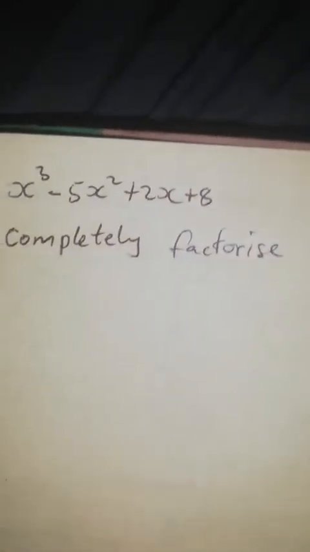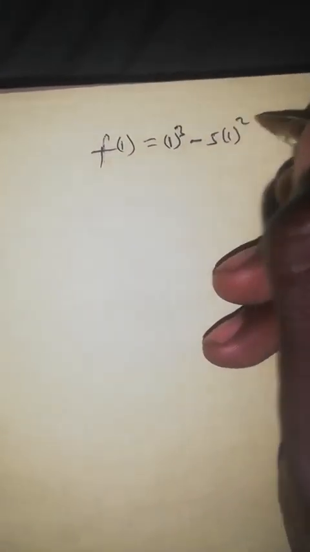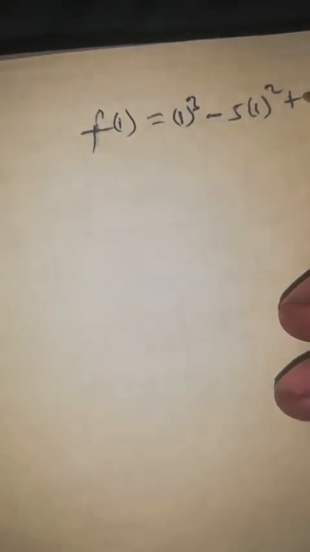x with 1, which means x cubed will be 1 cubed, minus 5x squared, which means 5 multiplied by 1 squared, plus 2 multiplied by 1, since our x here is being represented by 1, then plus 8.